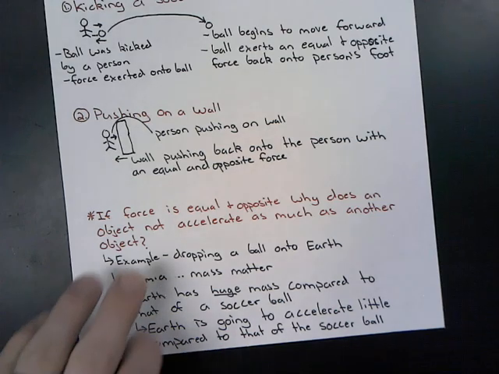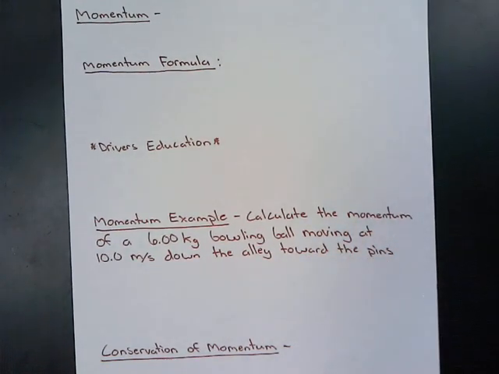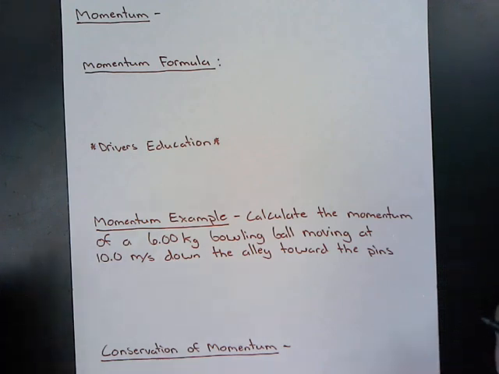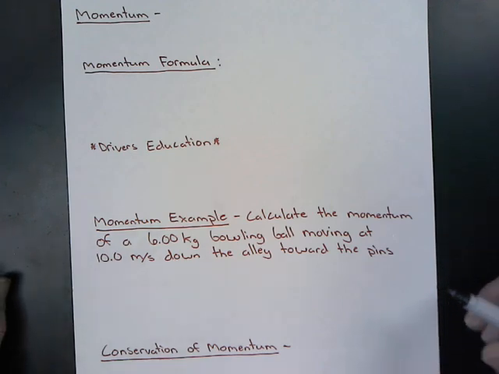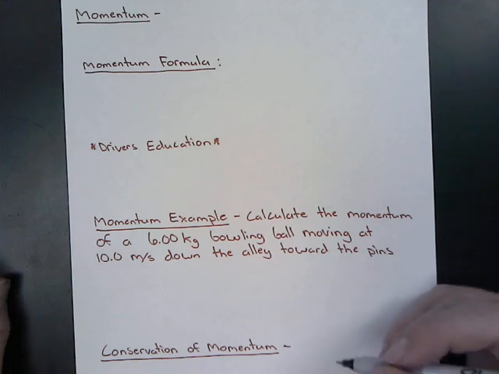Let's go ahead, let's shift gears to the concept of momentum and conservation of momentum. So momentum is going to be defined as the quantity of the product of mass and velocity.